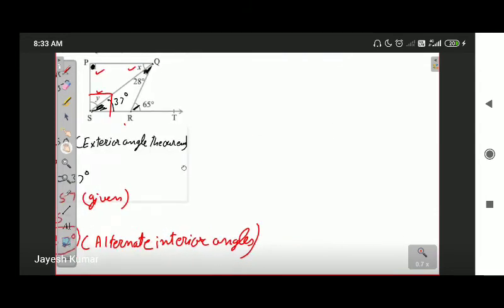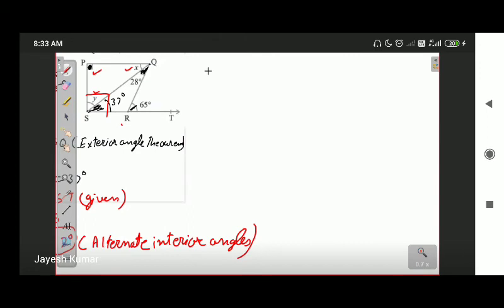So what I am going to do is, I am going to take the parallel lines method. When PS is transversal, what happens? Angle PSR is equal to angle SPQ.